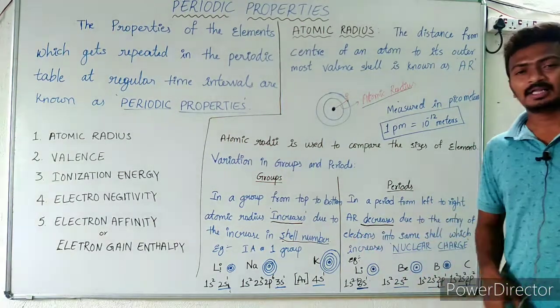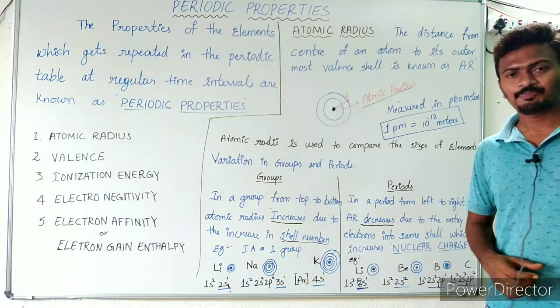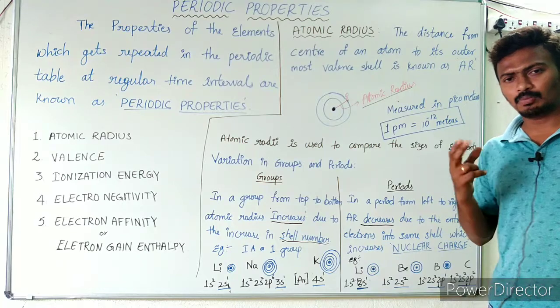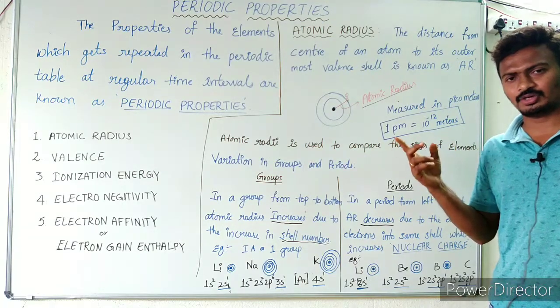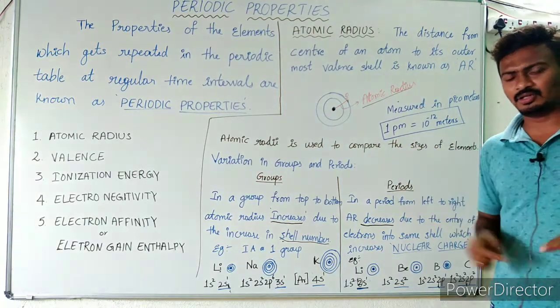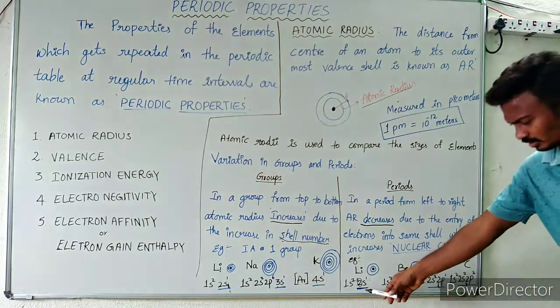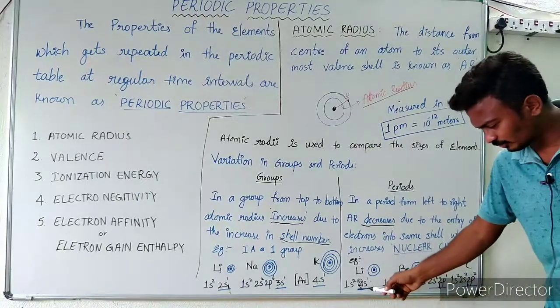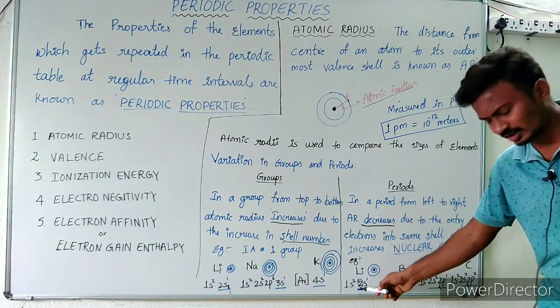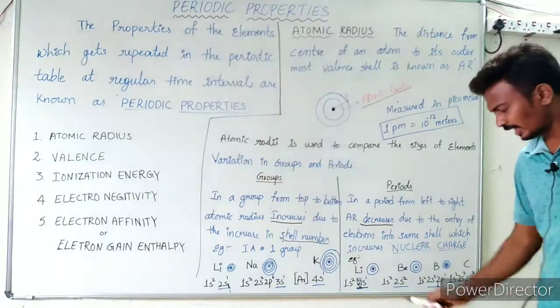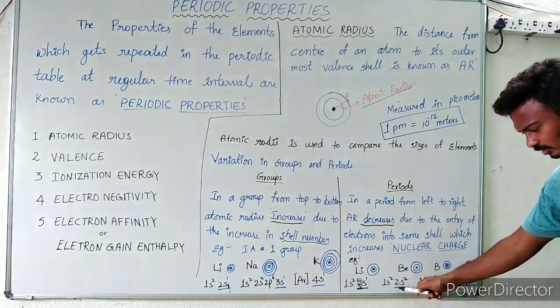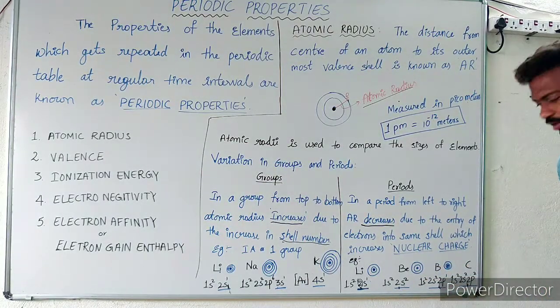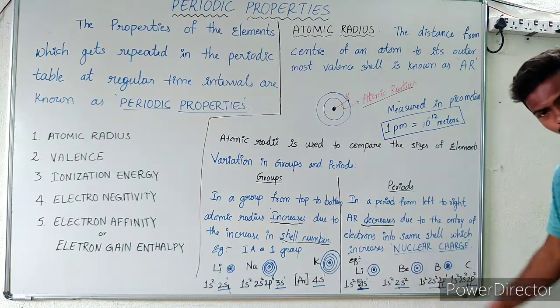If you observe the second period elements, lithium, beryllium, boron, carbon, nitrogen, oxygen, the electrons are entering into the same second shell. If you take lithium, the outermost valence electron has entered into the second shell, and in the case of beryllium also it is in the second shell. Its electronic configuration is 1s2 2s2.